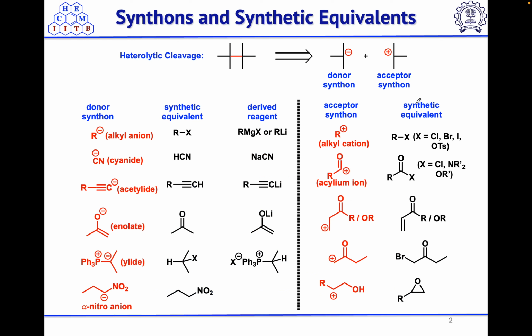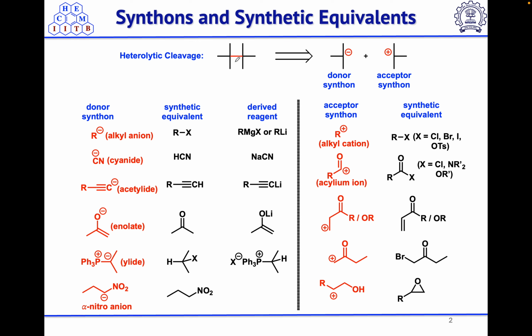So basically when synthons and synthetic equivalents come in, if you break any carbon-carbon bond, let's say this red bond is a carbon-carbon single bond. Now if we break this C-C bond, what will happen?